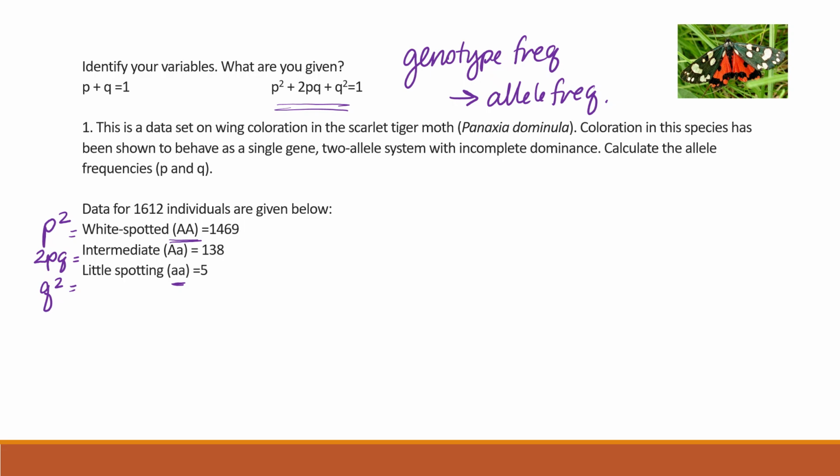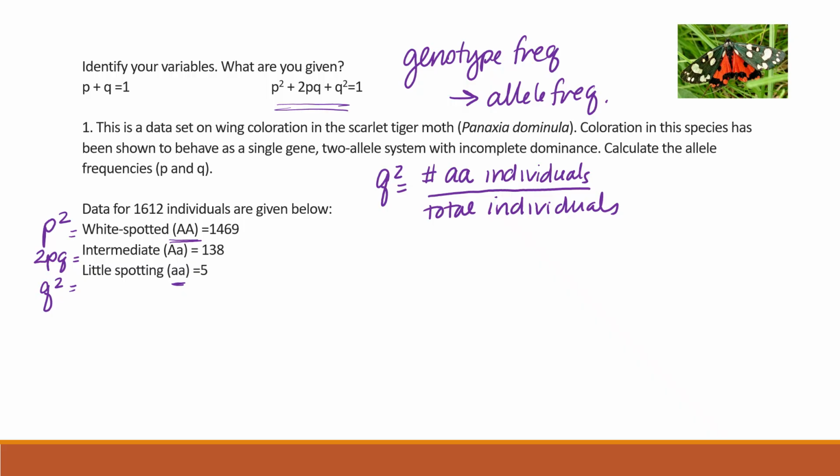So for this one, I'm going to actually start with Q squared. Q squared is equal to the number of homozygous little a individuals divided by the total individuals, because this is a genotype, so we're basing it on an entire individual. So for this one, we have 5 little a individuals divided by 1,612 total individuals.